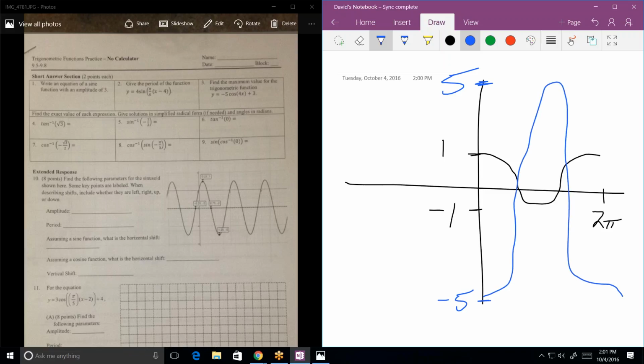With me? Okay. Now let's take cosine of 4x. Well, the 4 is a scrunch factor. So in green, I'm going to take my blue curve and scrunch it up so that it fits inside of the origin and the green curve.